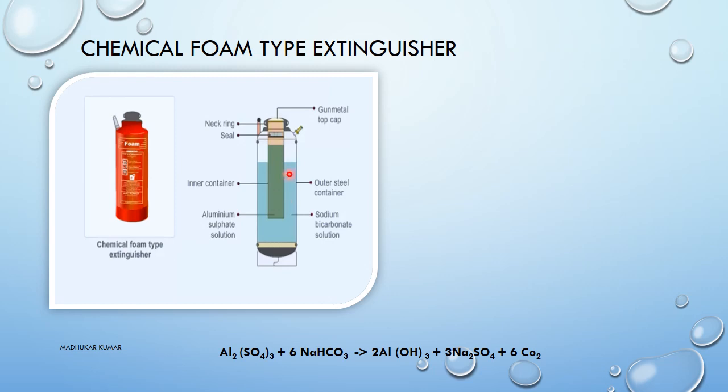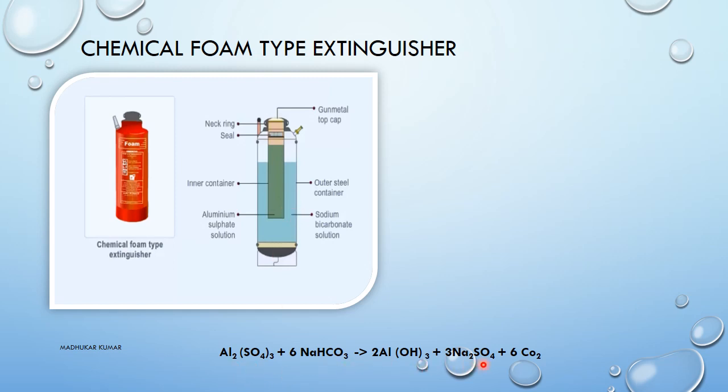There is no CO2 cartridge inside it, but we need CO2 to propel this foam solution. So in that case, we have to turn the gunmetal cap and keep it upside down. Once we keep it upside down, the inner content and the outer content will mix and react.